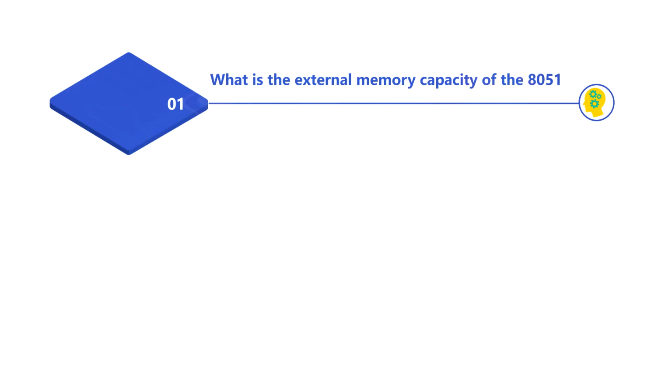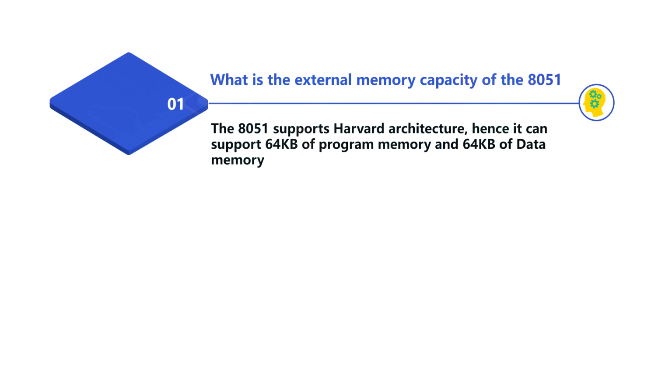So that's why the 8051 microcontroller supports 64 kilobytes of program memory, 64 kilobytes of data memory. Hence, it can support 64 KB of program memory, 64 KB of data memory.